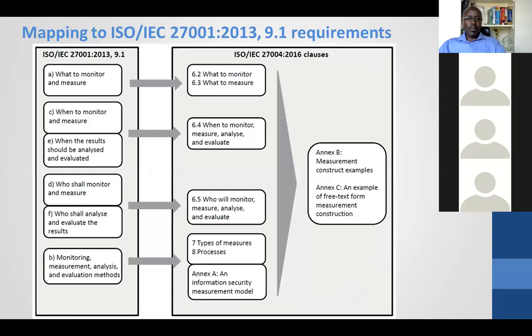You can easily be able to map the requirements in ISO 27001 and what is normally given in ISO 27004. So you can be able to see exactly how you're going to measure and get examples of measurement constructs. For instance, if you're measuring network performance, if you're measuring adherence to policies and all that kind of thing.